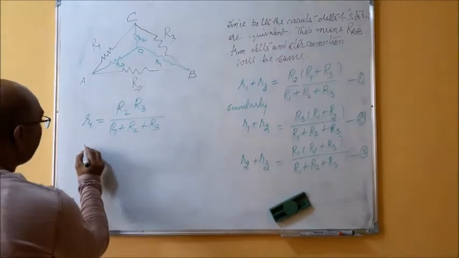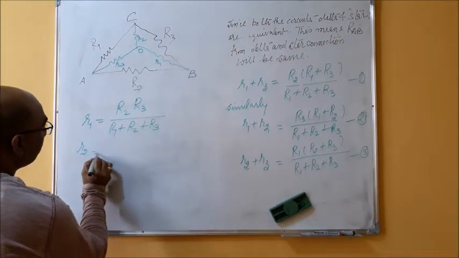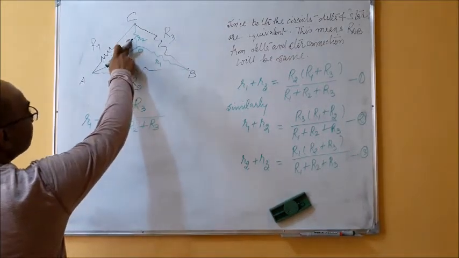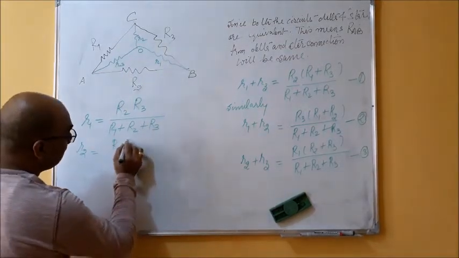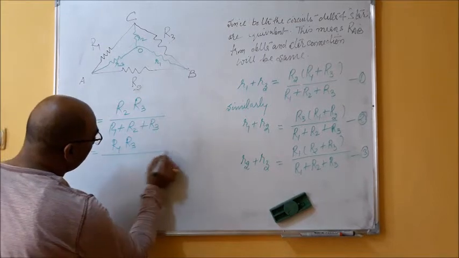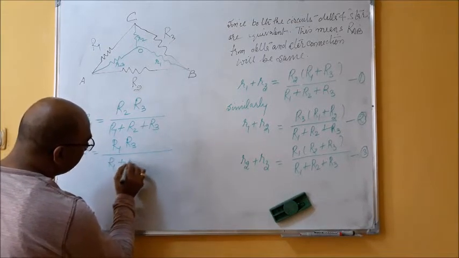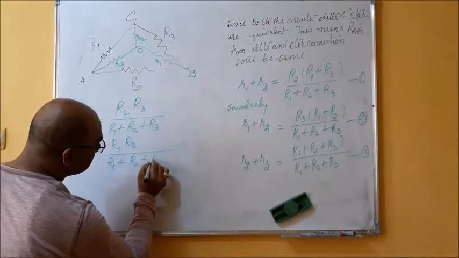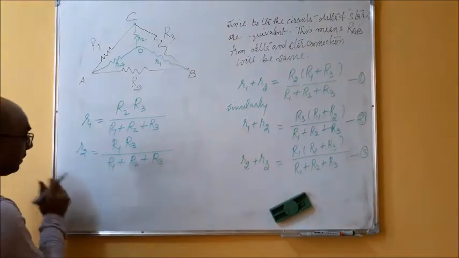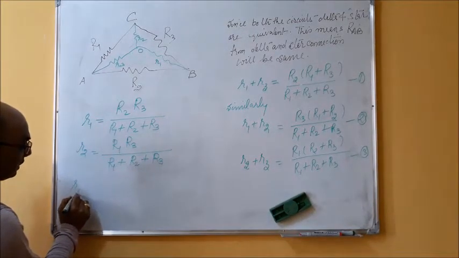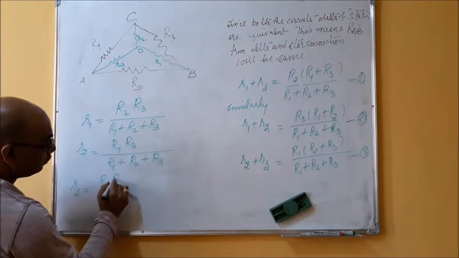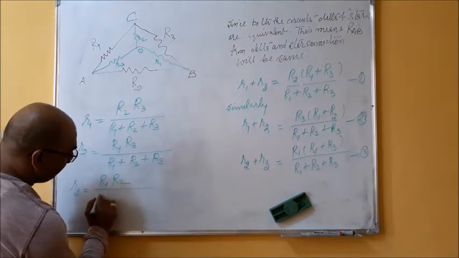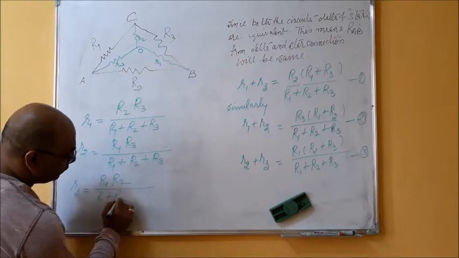Similarly, the value of r2 is between R1 and R3, so R1 R3 upon R1 plus R2 plus R3. And similarly, r3 is between R1 and R2, so R1 R2 upon R1 plus R2 plus R3.